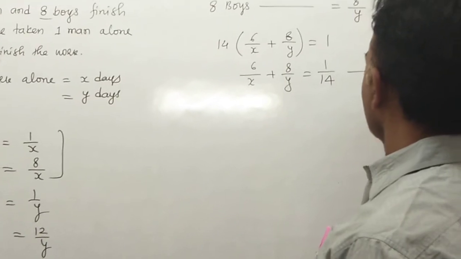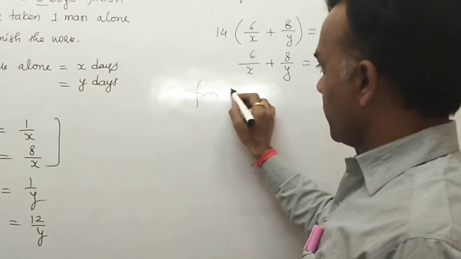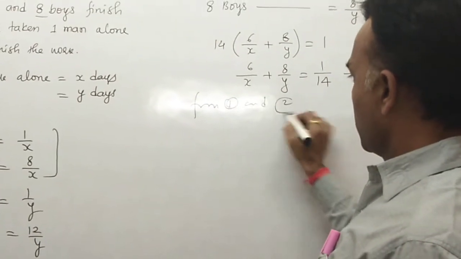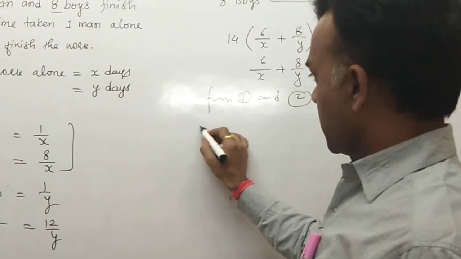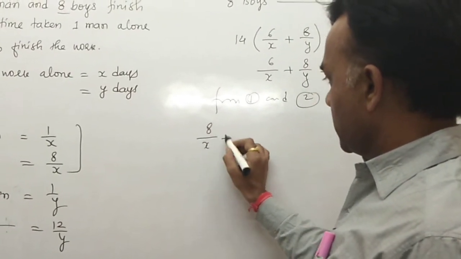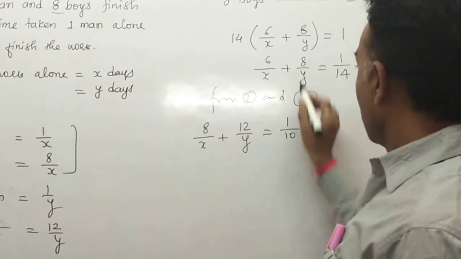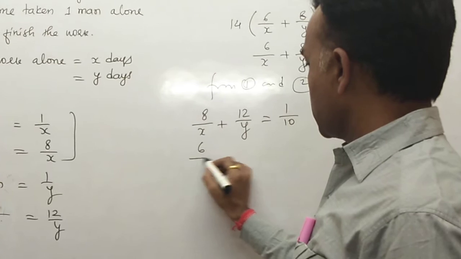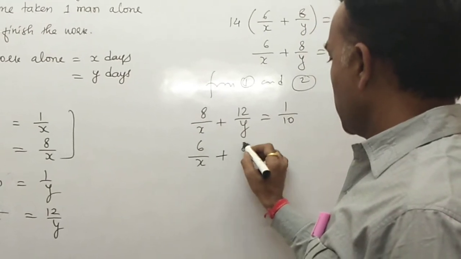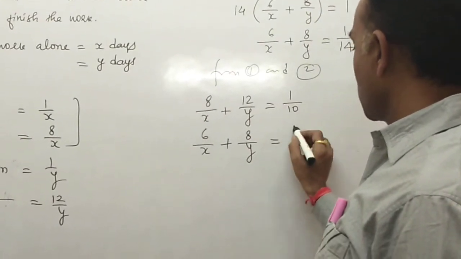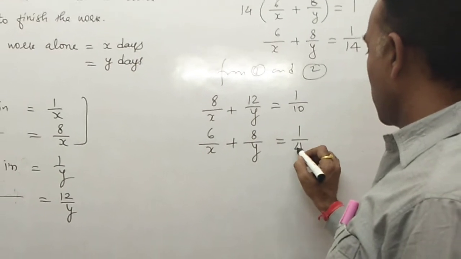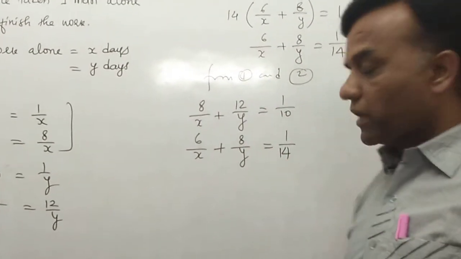So this is equation 2. Now you simplify from 1 and 2. So the first is 8 by x plus 12 by y equal to 1 by 10, and the second equation is 6 by x plus 8 by y equal to 1 by 14. Here x and y are both not equal to 0.